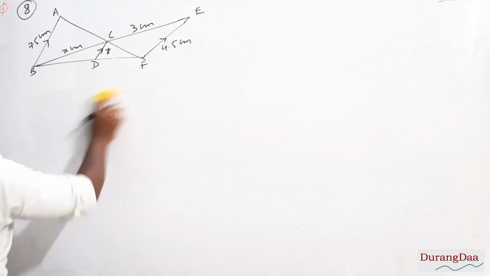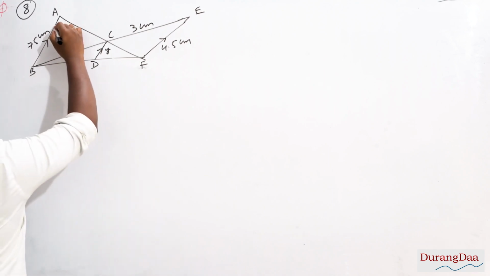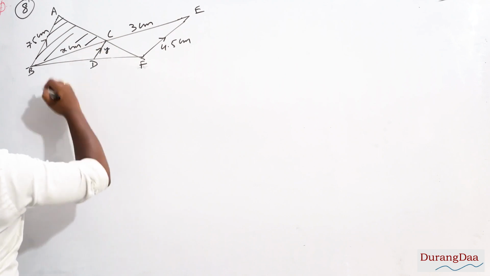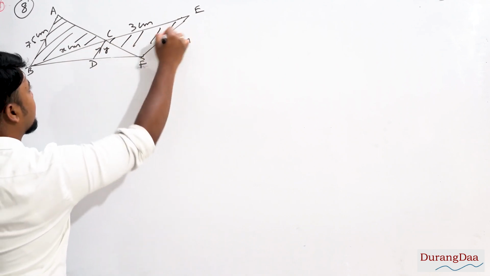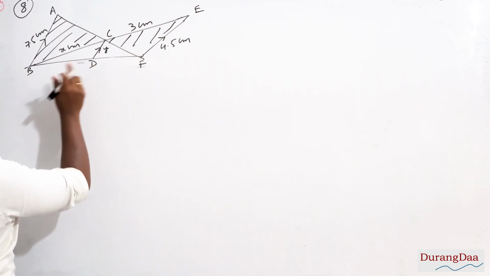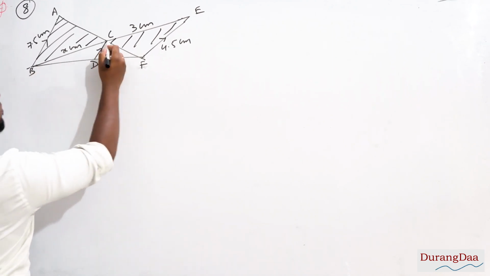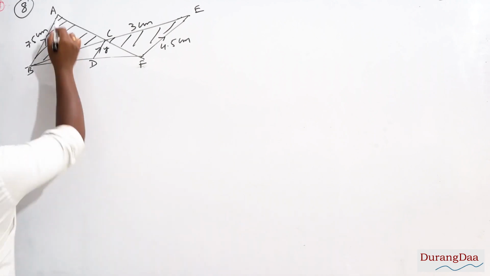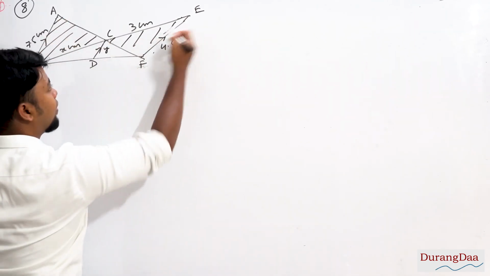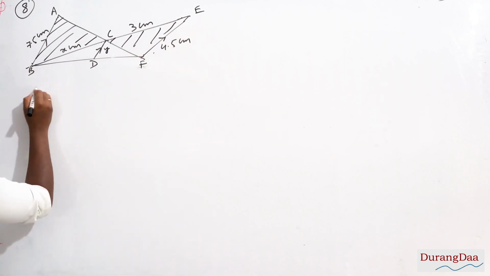So we will have to think a little differently. What we will try to do, just look at this figure, triangle ABC and triangle CFE. If I try to prove them similar, the corresponding sides ratio would be BC by CE, AC by CF and AB by FE, like this.